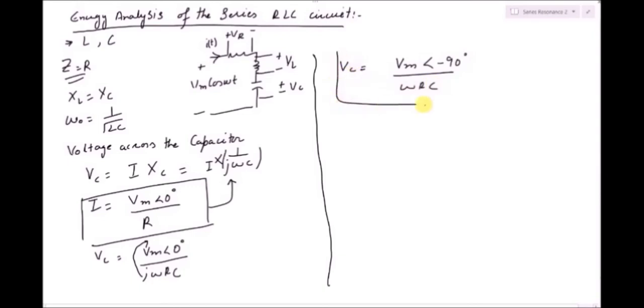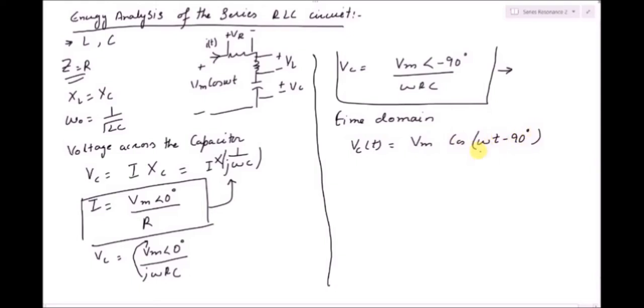So this is the voltage across the capacitor in phasor form. Now if I convert this equation into the time domain, that will be Vc(t) equal to Vm cos(omega t minus 90 degrees) over omega RC.